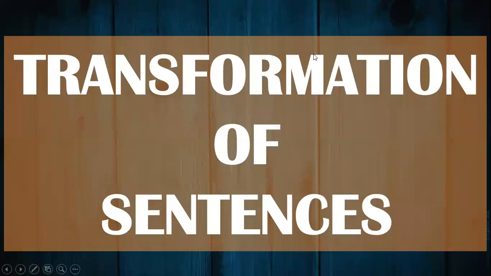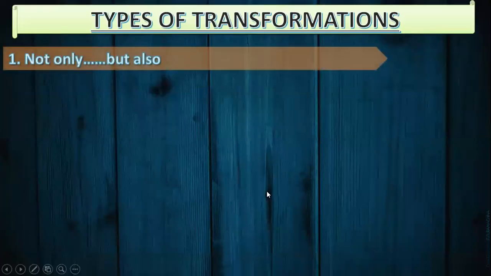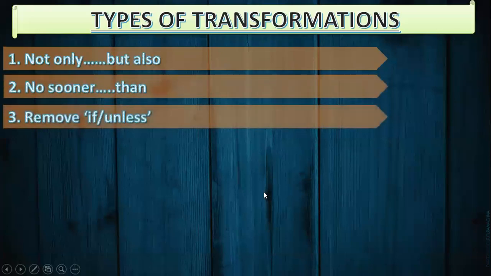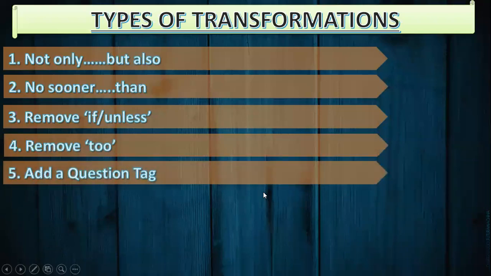So, time to go ahead with transformation of sentences. We have already dealt with many types of transformations, right? Which are the types of transformations that we have already dealt with? One is not only but also, no sooner than, remove if and unless, removal of to, and add a question tag.